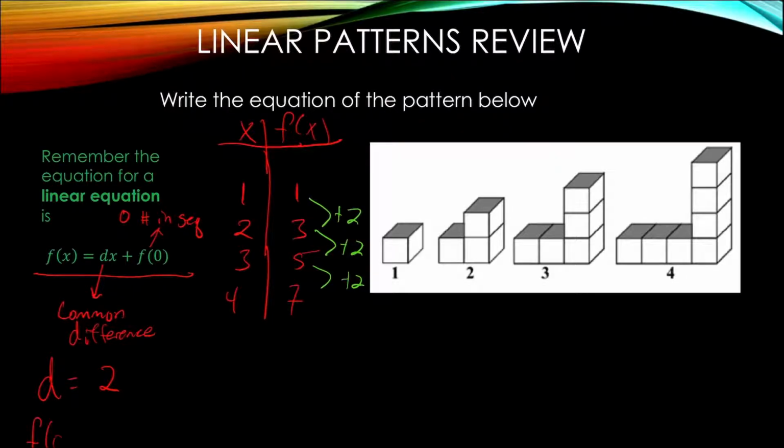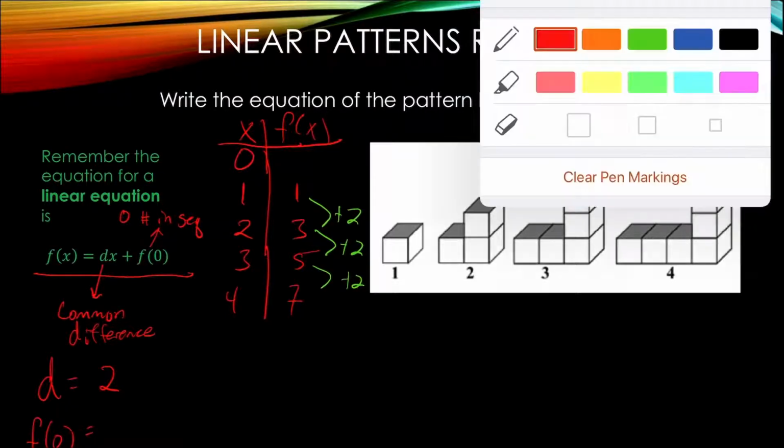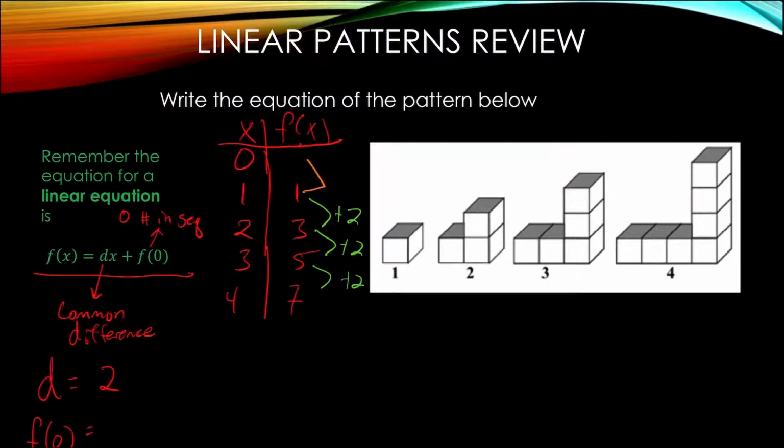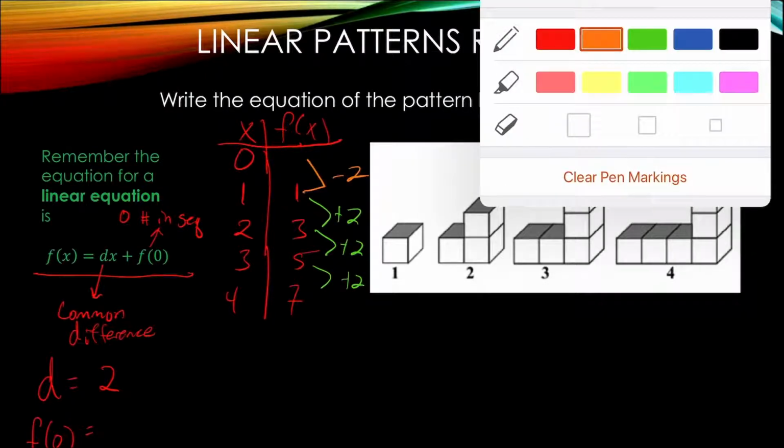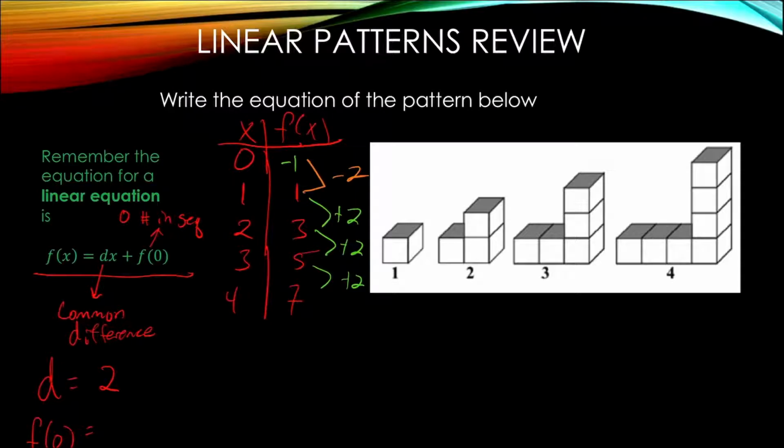Next, I need to find my 0 number in the sequence. Well, if I'm adding 2 each time, I need to find out what my number up here is. To move upwards, I'm subtracting 2, so 1 minus 2. So we want to go from here to here. We're going to subtract 2. That's going to be a negative 1.